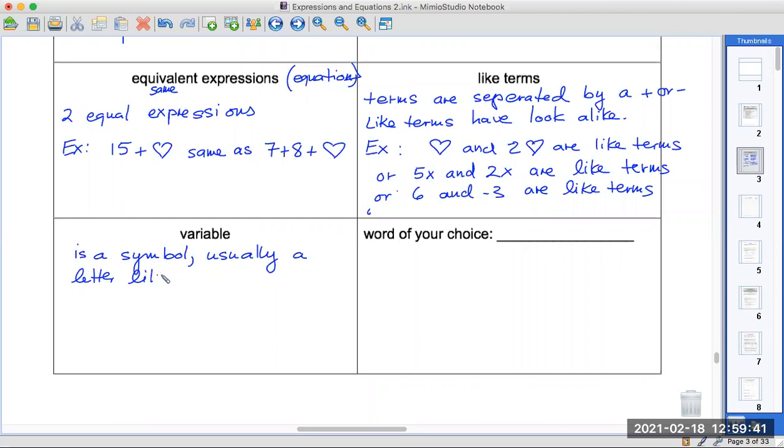Like the most common is X or Y. That stands for a number, a specific number. Your job, a lot of times, is to find that number.